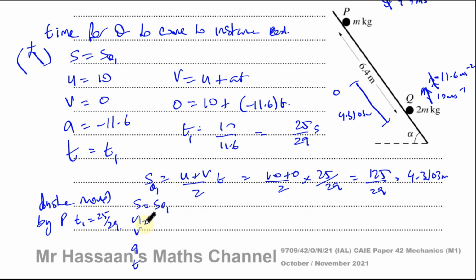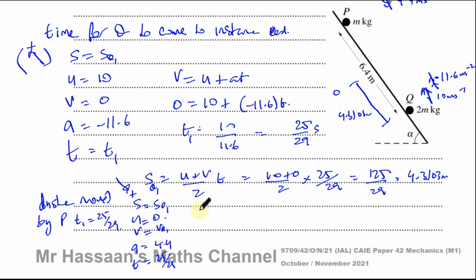U is equal to 0 for this. V, we don't know. A is 4.4. We'll take down as positive because it's moving down, so it's positive 4.4. And T is 25 over 29. So we can use V equals U plus, no, we want to find the distance, so we can use S equals, we have S, we want to find S.